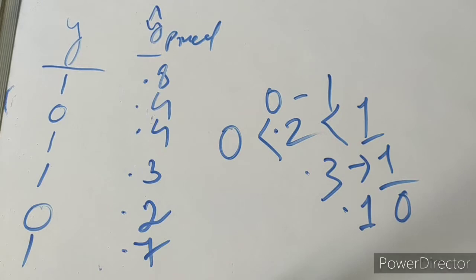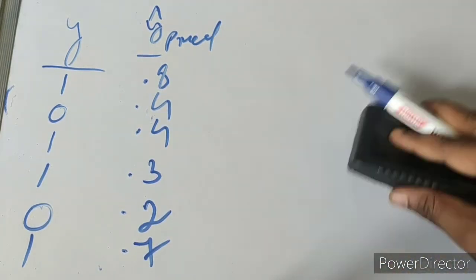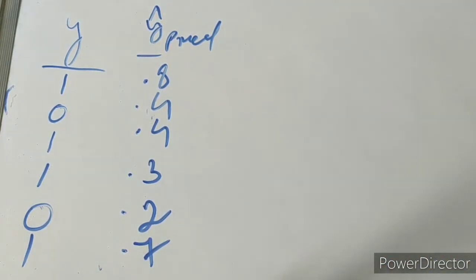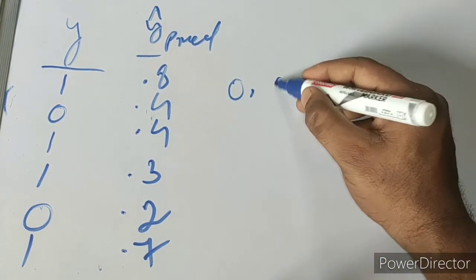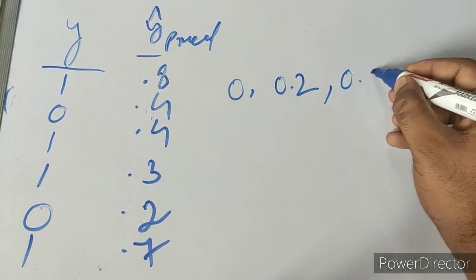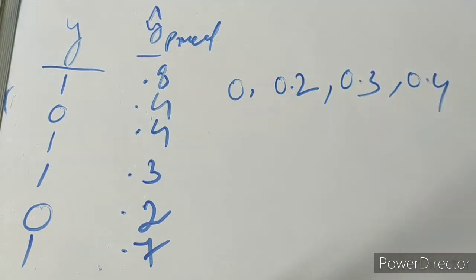So before considering true positive rate and false positive rate for identifying the ROC curve, what we need to do here is identify certain threshold values. Threshold values could be like 0, 0.2, 0.3, 0.4, like this.